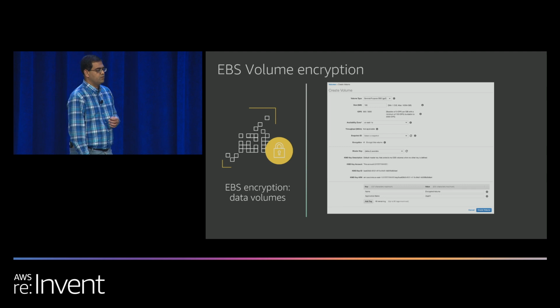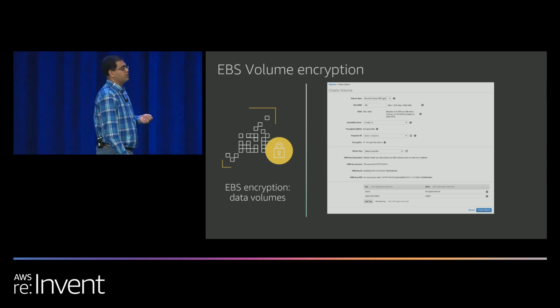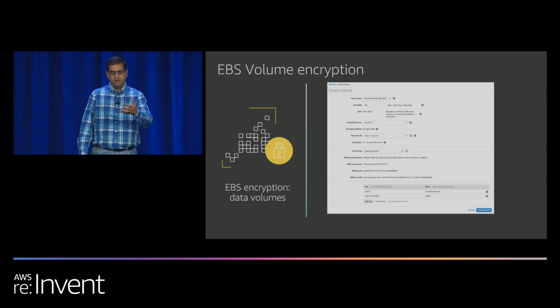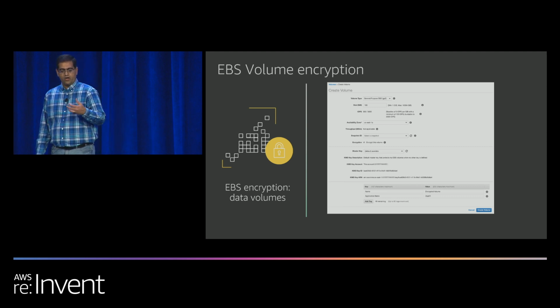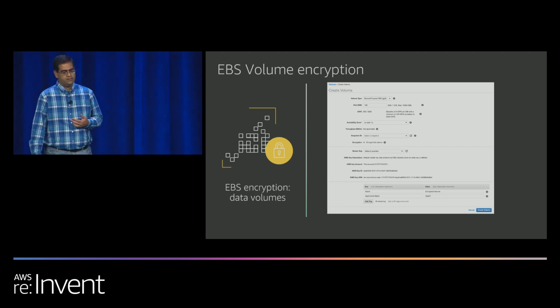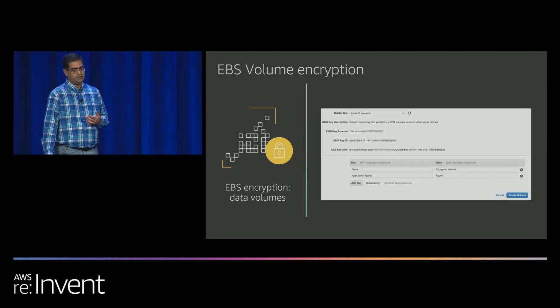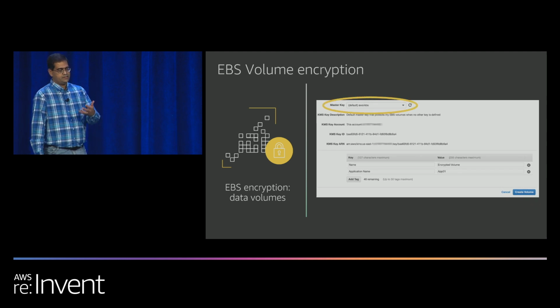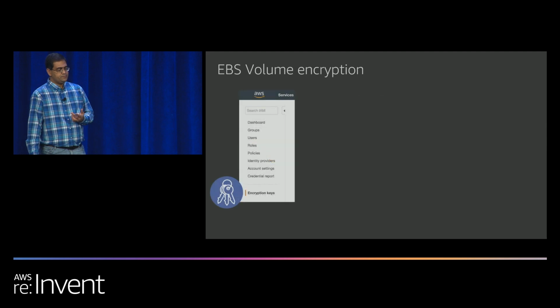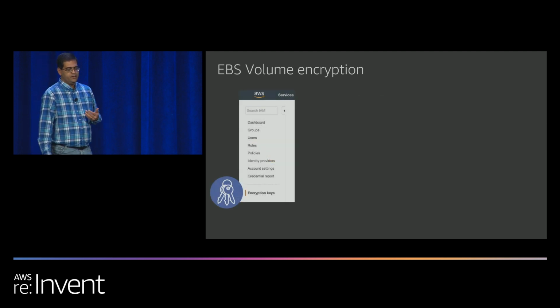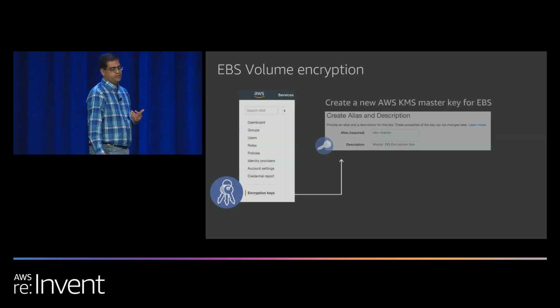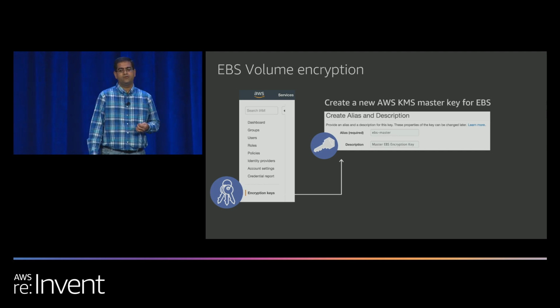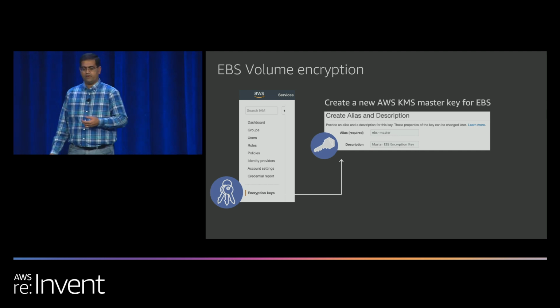How do you encrypt? If you go to the Create Volume console, right there you can see the options, and one of the options is to create an encryption and select a master key for that. How do you select a master key? You go into the KMS console, and within the KMS console, you can now create a new KMS master key for EBS.